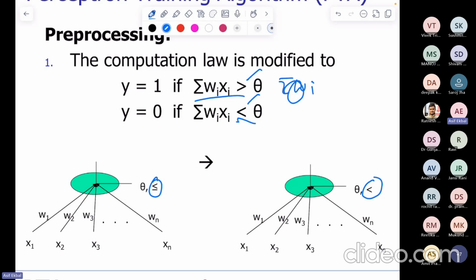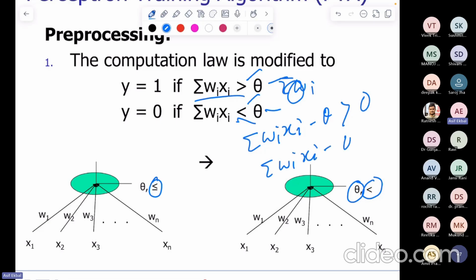The second step: rather than treating theta separately, theta can also be considered as a weight. How can you consider theta as a weight? This is very simple. If you just bring it over, the sum of wi xi minus theta will be greater than 0 in this case. In the second case, the sum of wi xi minus theta is less than 0, right?